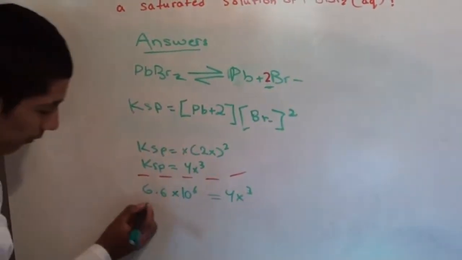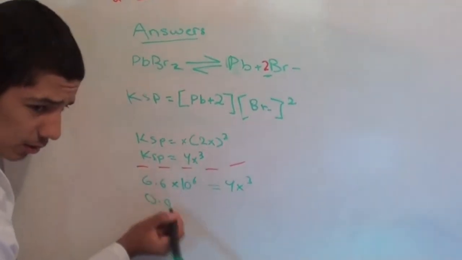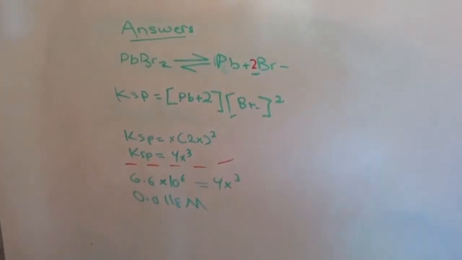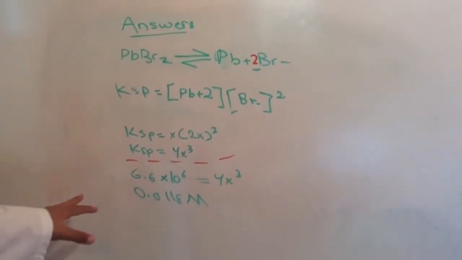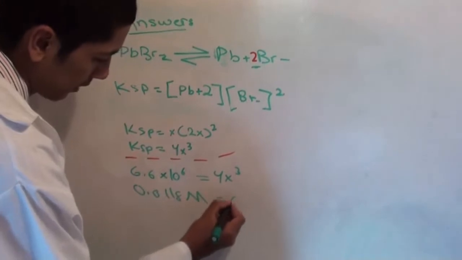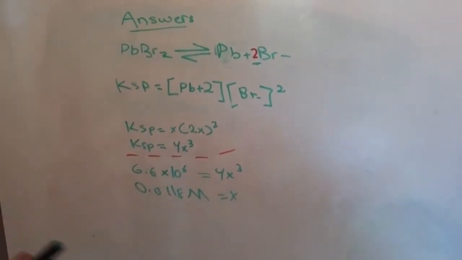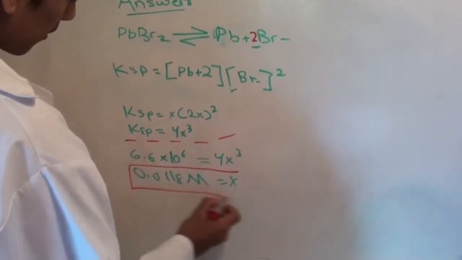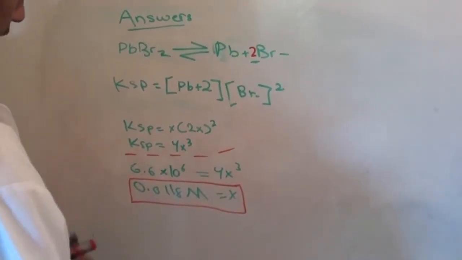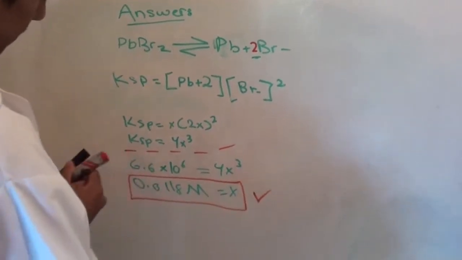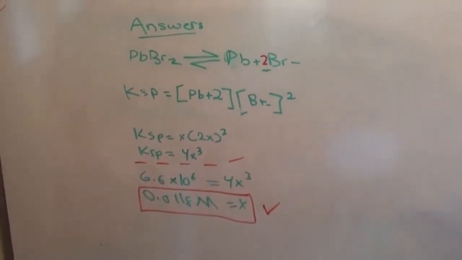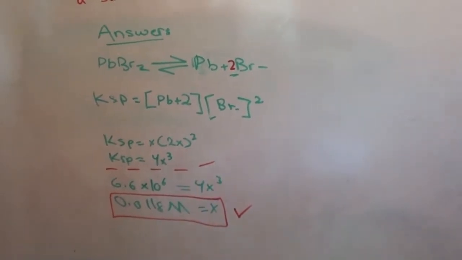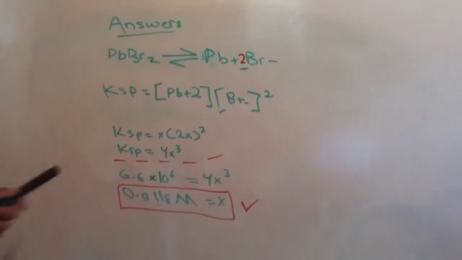We're going to get 0.0118, then we divide and it will equal x. So our final answer will be x. But there's something we have to remember: this is not the complete answer.